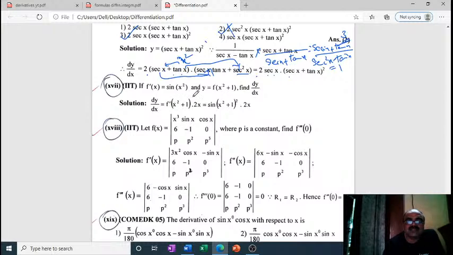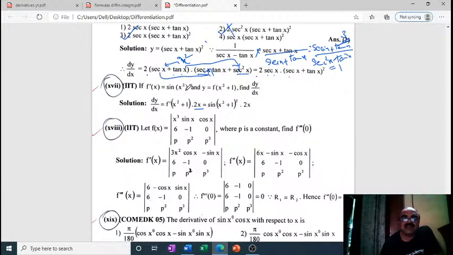Dy by dx is f dash of this into x square differentiation, which is 2x. F dash of this is the differentiation of this and x square differentiation is 2x. Now see friends, what is f dash of x according to them?